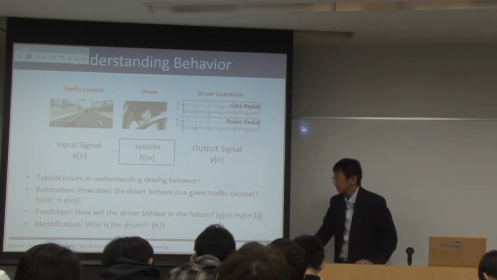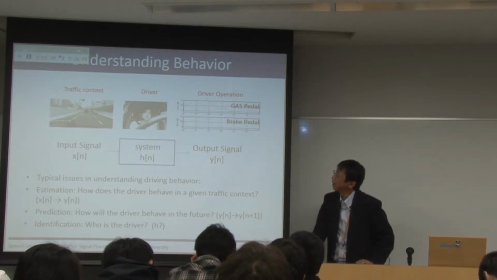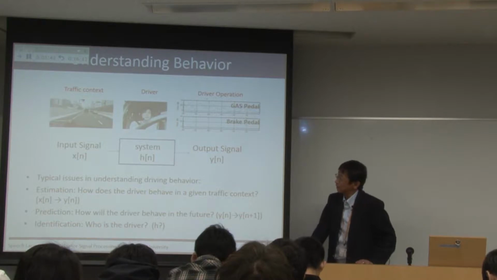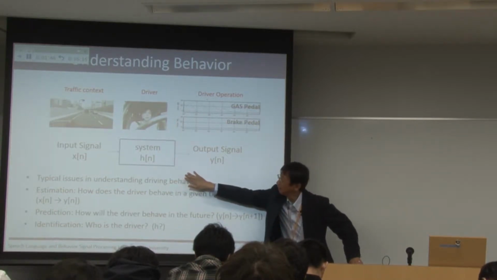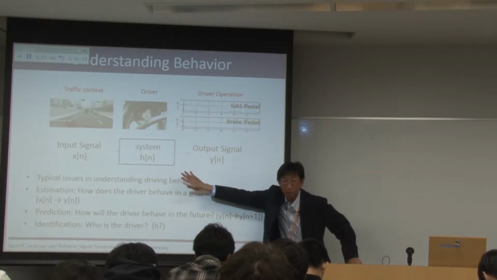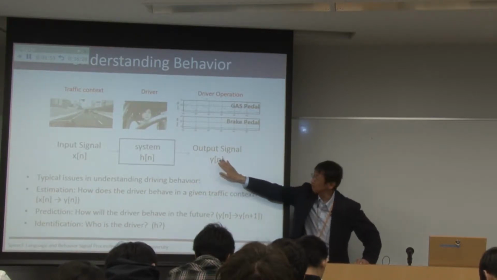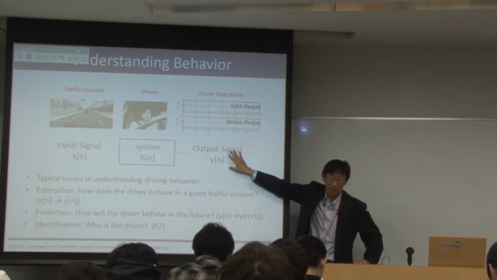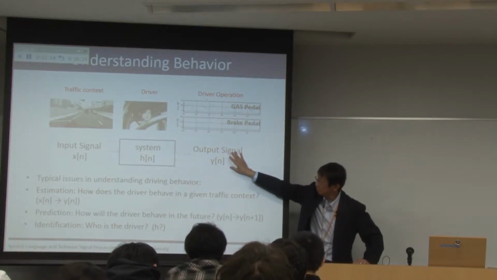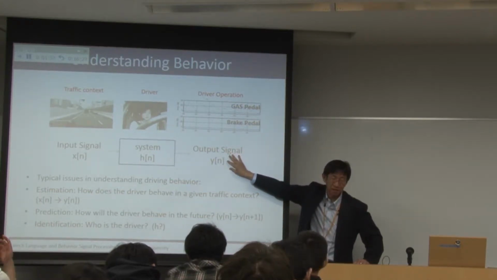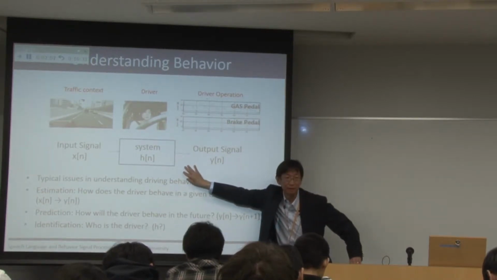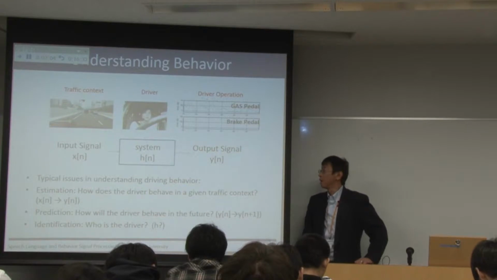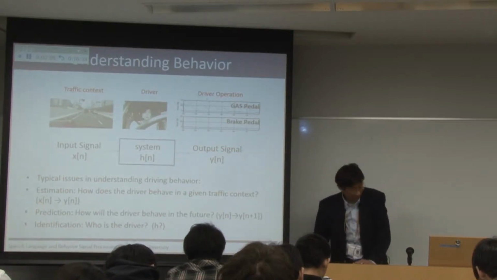And the other class is to determine the system without sensing the input to the system, just only seeing the output signal. From the output signal, we can somehow estimate the properties or characteristics of the system. That is the third problem.